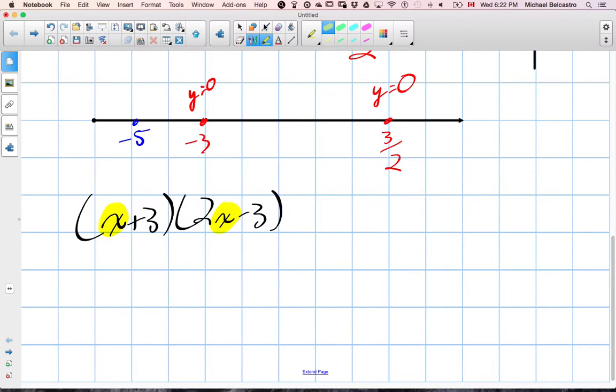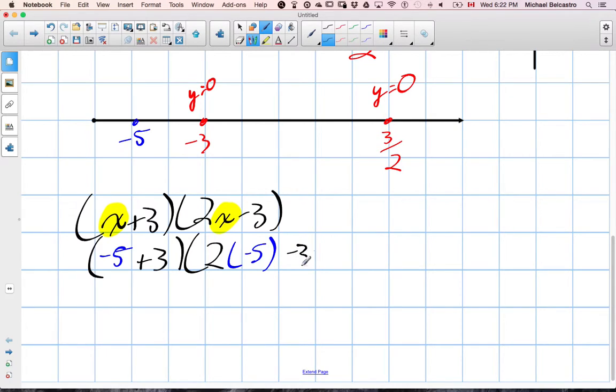So we get negative 5 plus 3, times 2 times negative 5 minus 3. Once you get good at that, you might be able to do a lot of it in your head, but we're going to work this all out. Negative 5 plus 3 is negative 2. 2 times negative 5 is negative 10, minus 3 is negative 13.